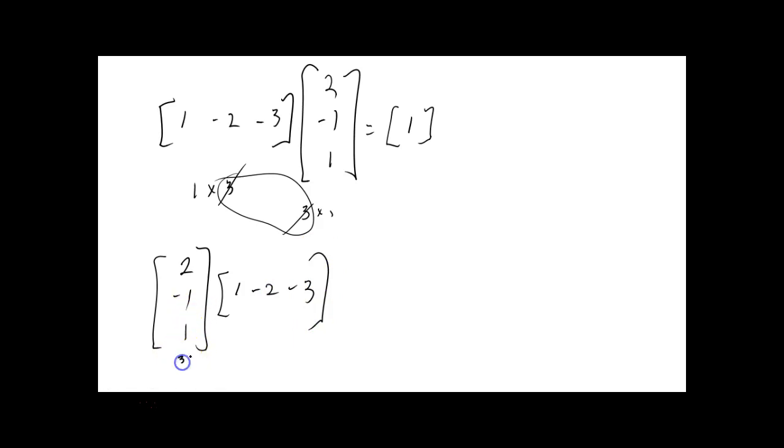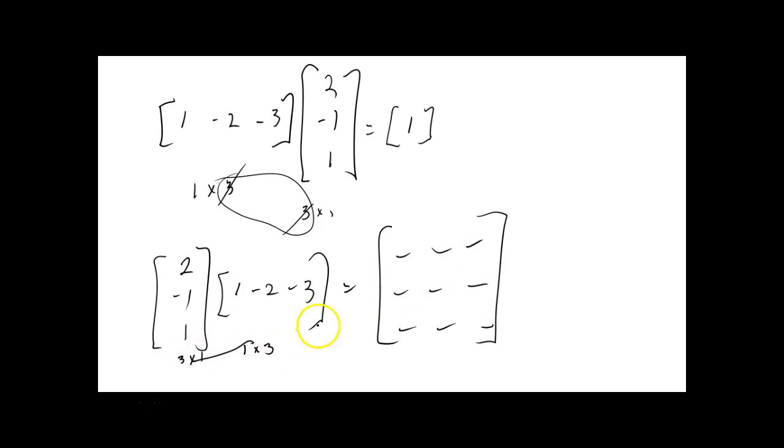Well, this is a 3 by 1, 3 rows, 1 column, and this happens to be 1 row by 3 columns. And sure enough, the common interior values are 1, so throw those out. Your answer is going to be a 3 by 3 matrix. 1, 2, 3, 1, 2, 3, 1, 2, 3, because what's left here is 3 by 3.